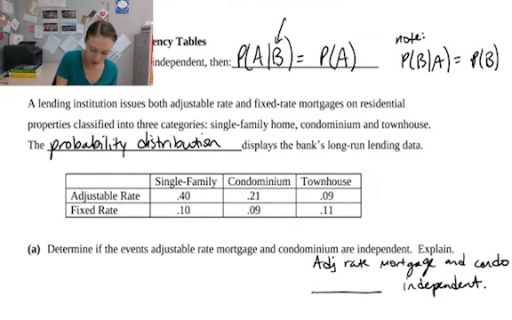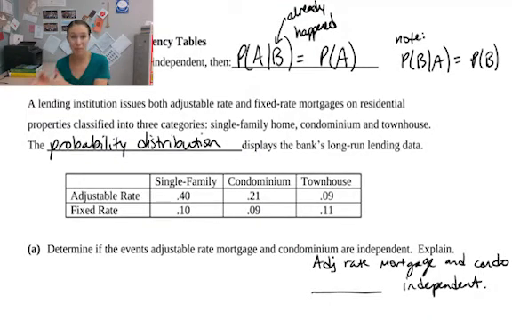So if B already happened, then what's the probability that A happens? Well, if that equals the probability of A all on its own, then B had no effect on A. So this is the definition of independence. There are other formulas you can use to show independence, but I really like using this one because it shows that conceptual understanding of independence. Let's look at an example.